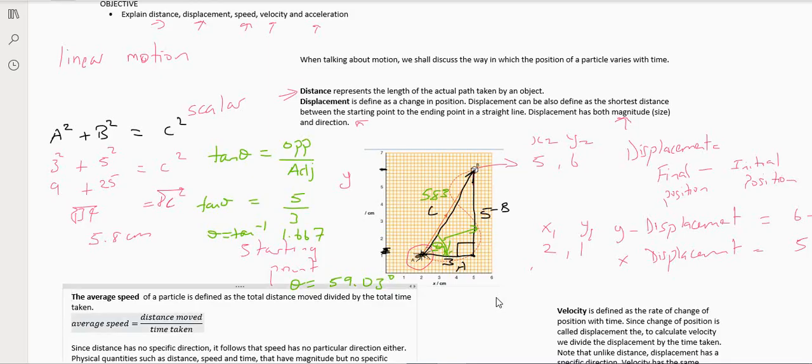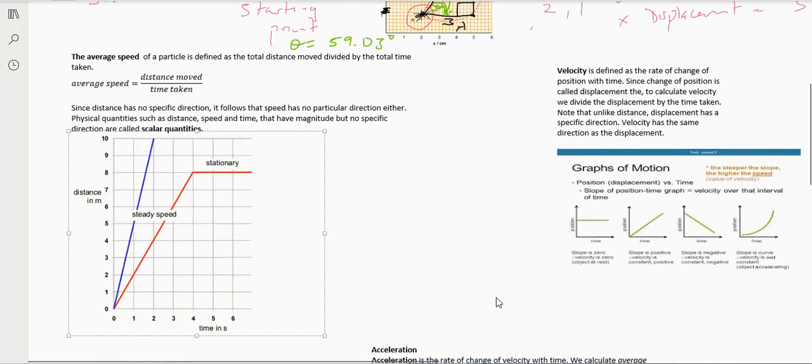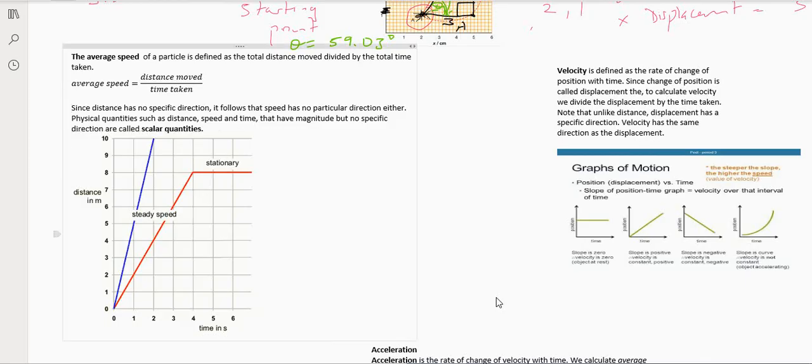Now let's look at speed. What if this ant that is moving here, somebody had recorded the time that the ant took to travel that distance to get to the piece of sugar or a piece of candy, right? Then we could actually calculate the speed of the ant.